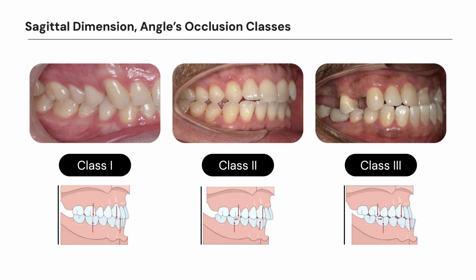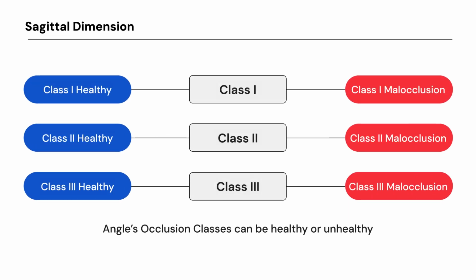Guess what? Class 1, 2, and 3 can also be broken down into healthy and unhealthy. And this is something that I want us to keep in mind. So when we think of Angle's classes of occlusion, we used to think, oh, class 1 is healthy, class 2 and 3 are not healthy, they're unhealthy. But we saw from earlier, both the FDI and the WHO definitions and coding of malocclusion, that it's not that.